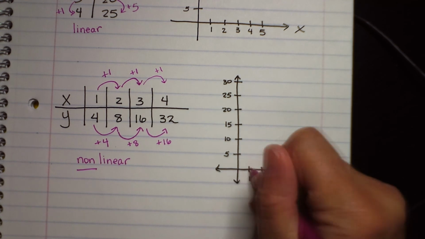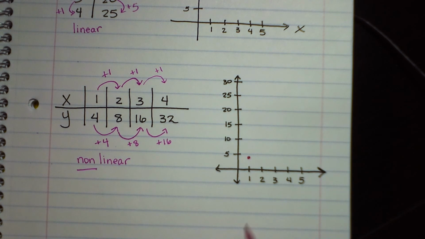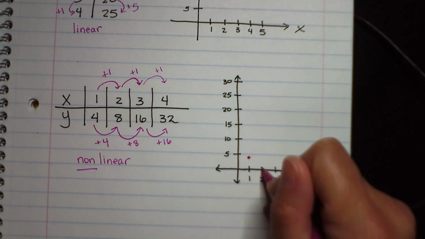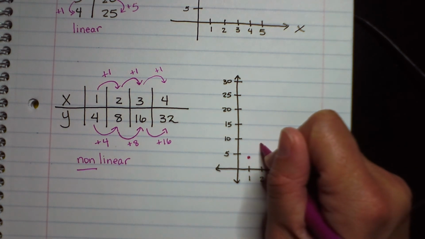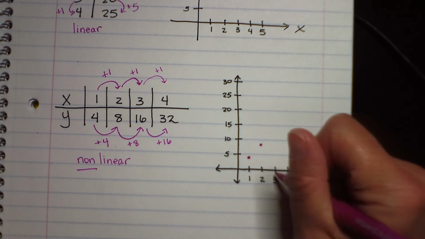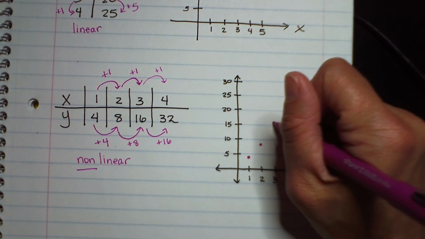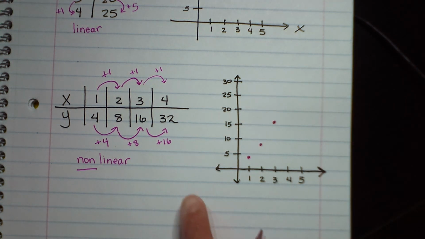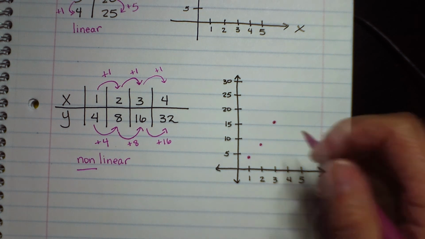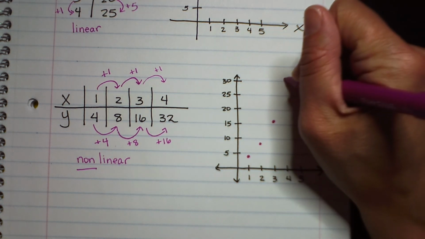If I go over 1, up 4, I'm going to have to estimate a little bit here, right about there. If I go over 2 and up 8, that might be right about there. If I go over 3 and up 16, that would be right about there. And if I go over 4, up 32, that'll take me just above there.